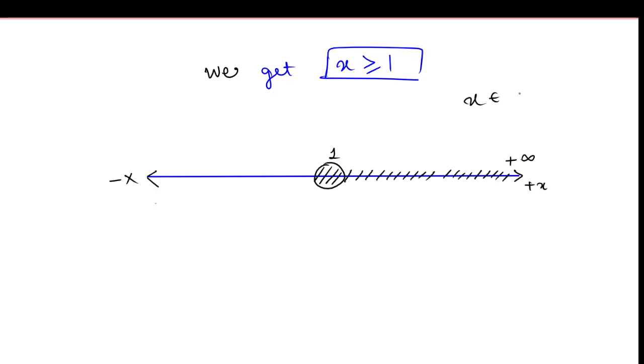So x belongs to 1 comma infinity. This is called a solid, which means 1 is included in the solution set.